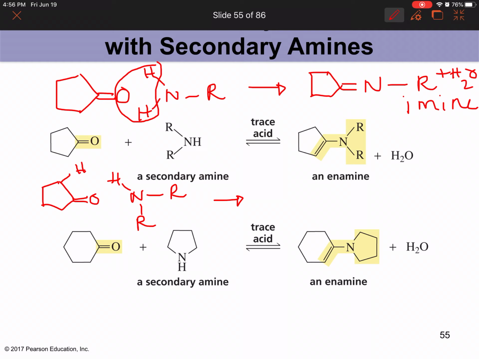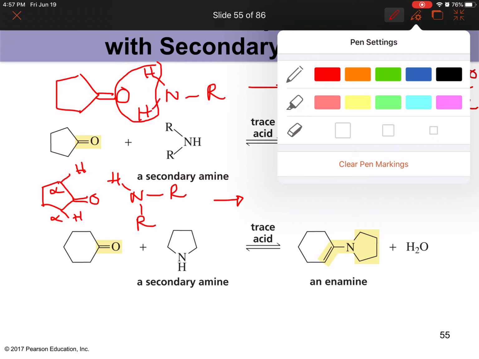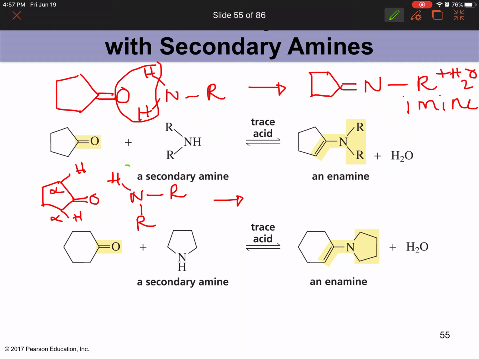A hydrogen on the alpha carbon, so the carbonyl group, and this is the alpha carbon. A hydrogen on the alpha carbon could be any of those. Since it's a symmetrical molecule, the other hydrogen comes to form the water molecule, something like this. We'll look at the mechanism and you will understand how it happens.